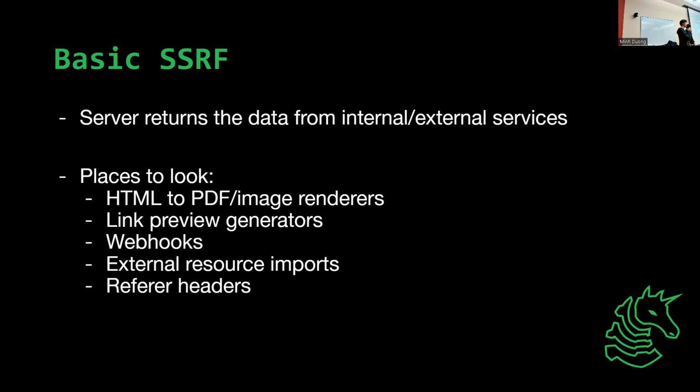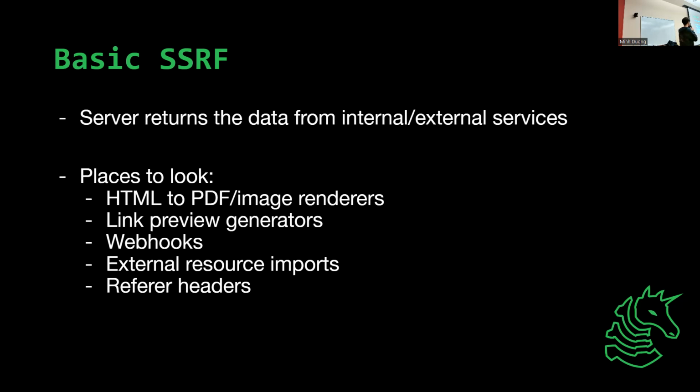And if it is vulnerable, then you can just pass in some internal service and you'll get a response from that. Another thing is webhooks. If an application allows you to put a webhook URL that it would send a webhook to, then you could possibly make it send data to some internal service.